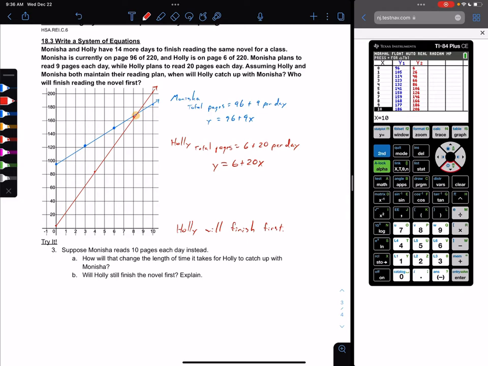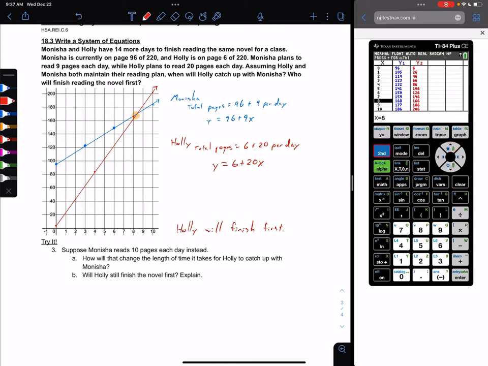So the next part of this, finding the actual solution. Let's look at x and y, when x is 8, our y's are pretty close, 168, 166. So my educated guess is that somewhere around 8 days is when Holly catches up.